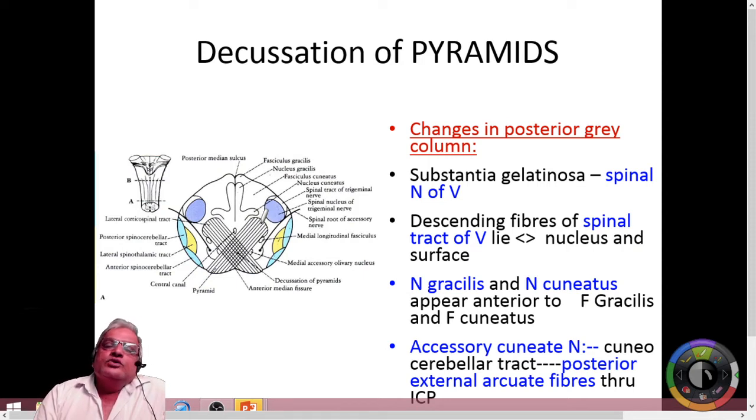You have the spinocerebellar fibers. Instead of that, from the cuneate nucleus you have some fibers that pass to the cerebellum. So the spinocerebellar fibers are replaced here by the cuneocerebellar fibers. Those are the changes that take place in the posterior gray column. Okay.